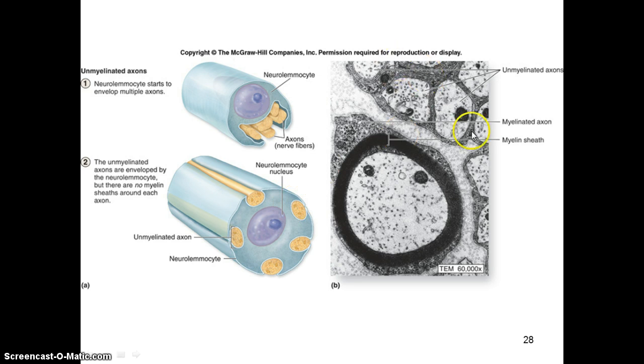So that's demonstrated over here in this slide of several unmyelinated axons in close association with a neurolemmacyte, but again the neurolemmacyte isn't allowing the impulses to transmit by saltatory conduction. Here we're looking at an axon that is myelinated by a neurolemmacyte. And you can see the diameter of the axon is larger as well, which also speeds the rate of impulse transmission.